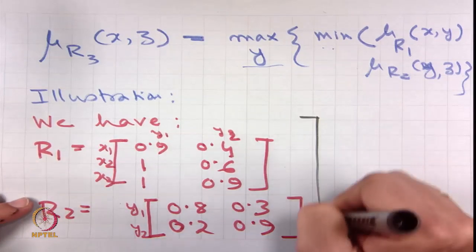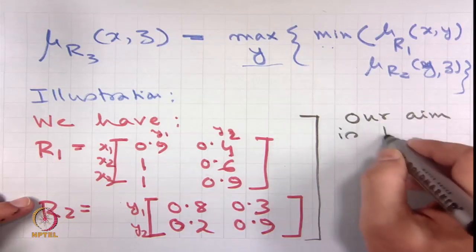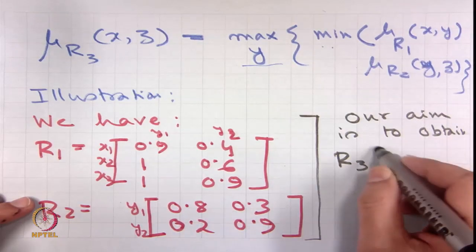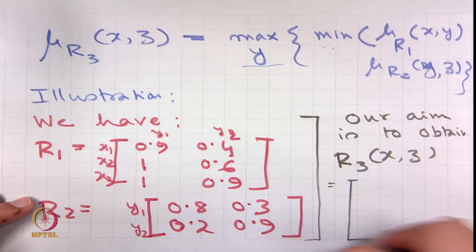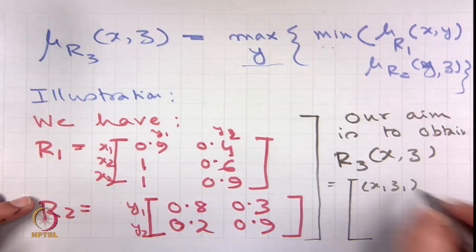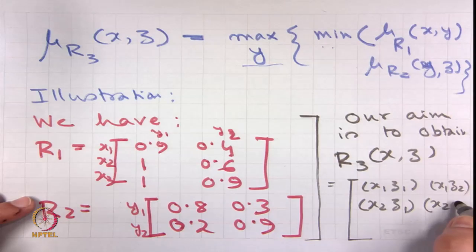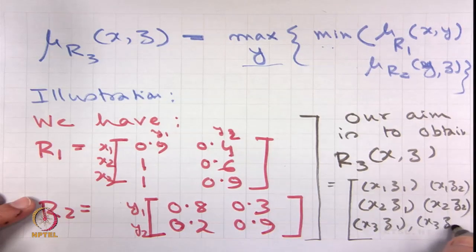So, from these two we want R3 between x comma z, which is going to be basically the strength of relationship between x1 z1, x1 z2, x2 z1, x2 z2 and x3 z1, x3 z2.